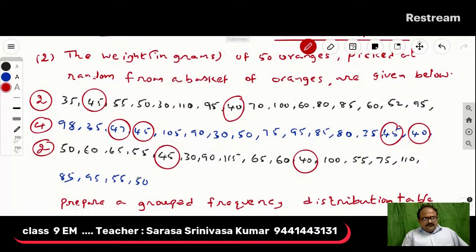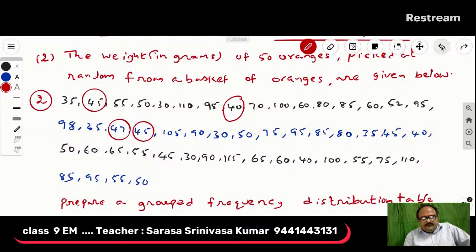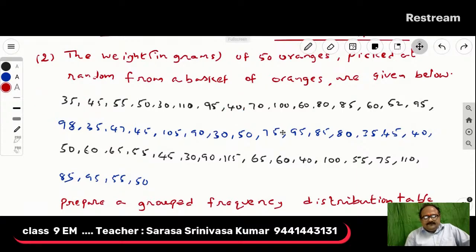In the fourth row, there are no oranges having weight from 40 to 49 grams. Now, let us count this. 2 plus 4 is 6, 6 plus 2 is 8. So we should write 8. The frequency of this class interval, 40 to 49, is 8.